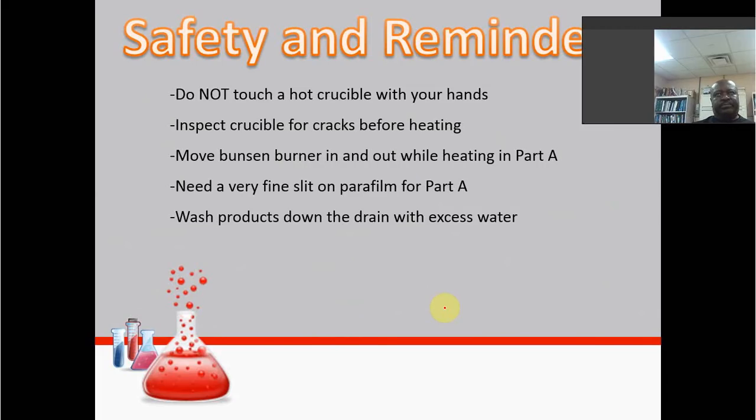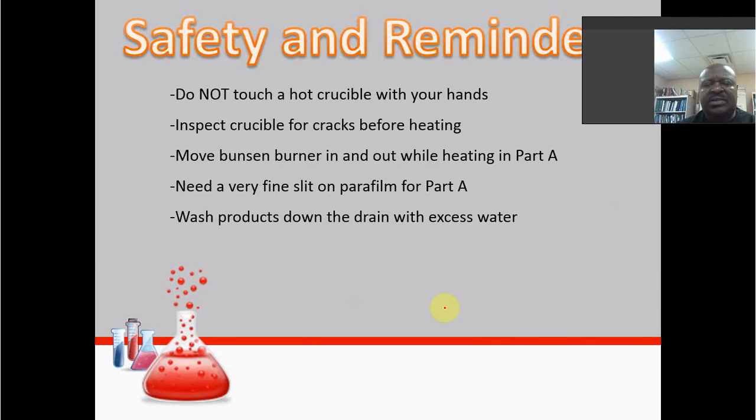Safety. You are responsible for your safety. So we're going to be safe out there today, in your lab this week.